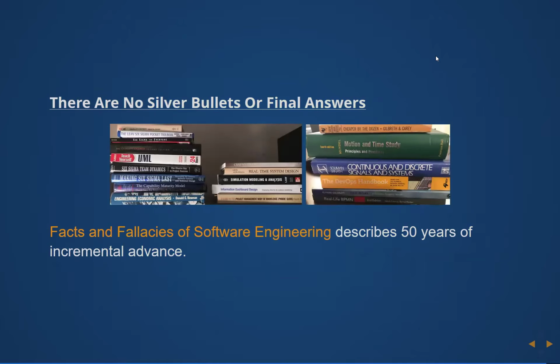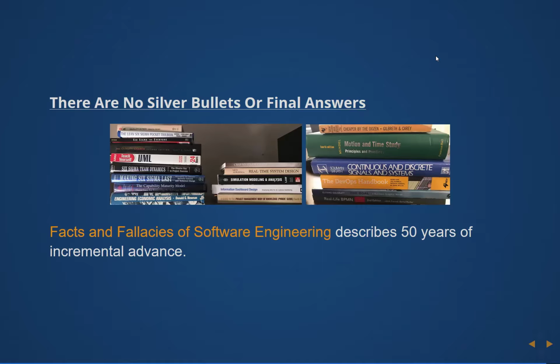The final thing to say is, you know, there are no silver bullets or final answers. And this is a tiny sliver of the library I have on these subjects.